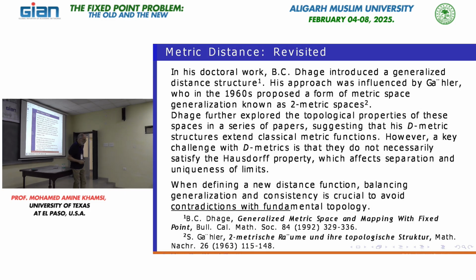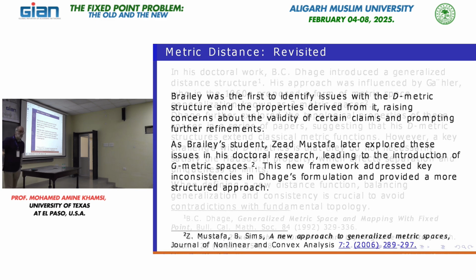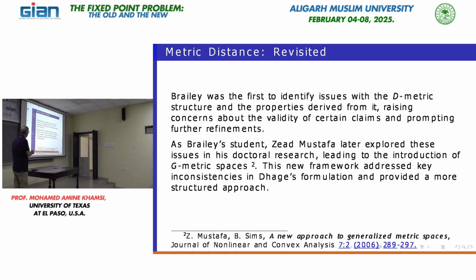So it was something that he called, I wish he called it D-metric spaces. He did not call them D-metric spaces. He called them, as you see here, G metric spaces. Okay?